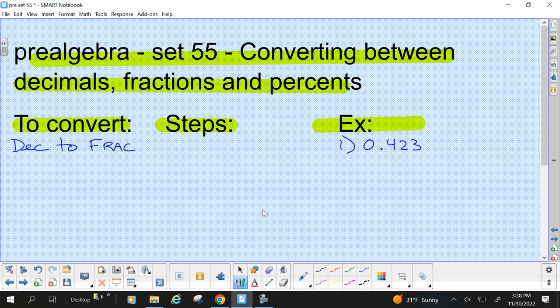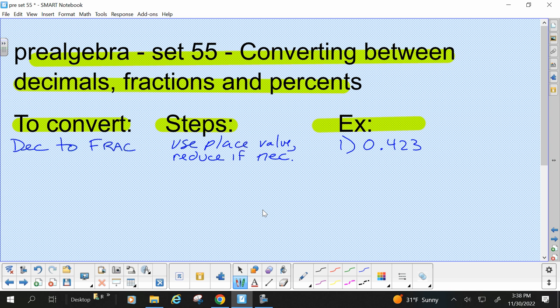Well, what would we do? I hope you would use place value and reduce if necessary. Write that down. To convert a decimal to a fraction, we're going to use place value and reduce if we can.